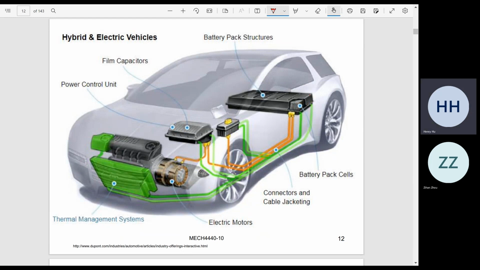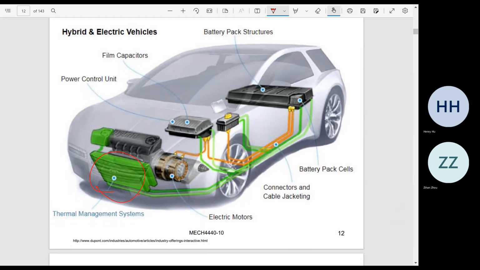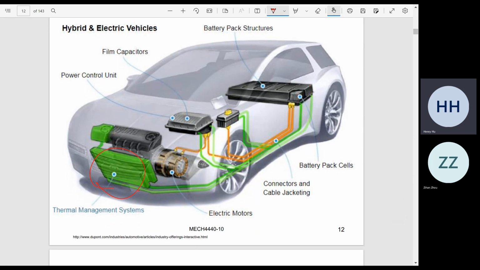A lot of the cables are definitely coated with polymer to prevent electric shock. Thermal management systems also use a lot of polymer. And for electric motors, I'm not so sure whether any polymers are involved.